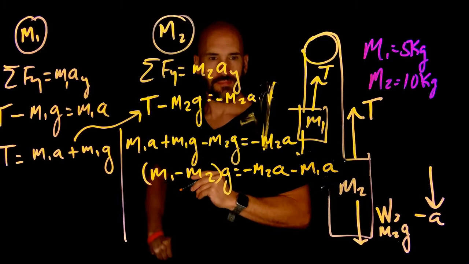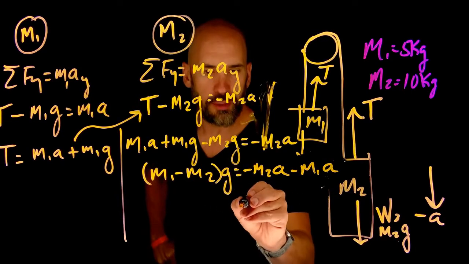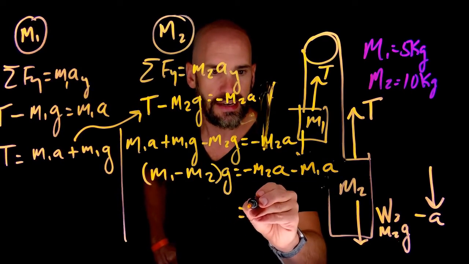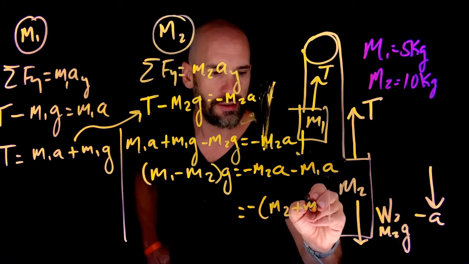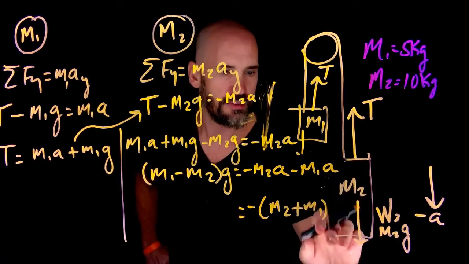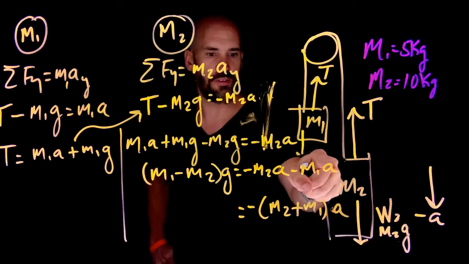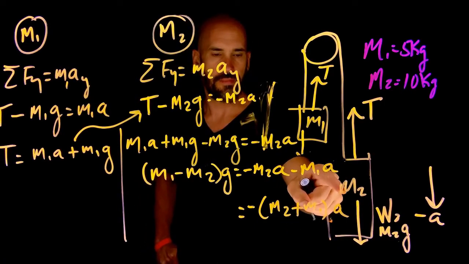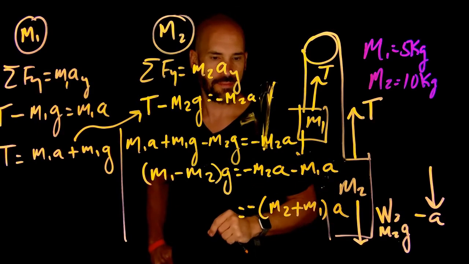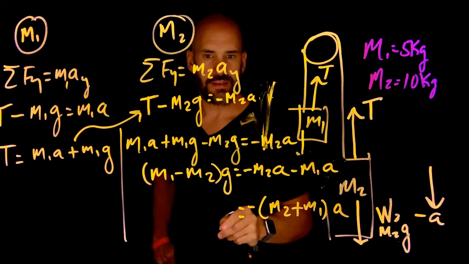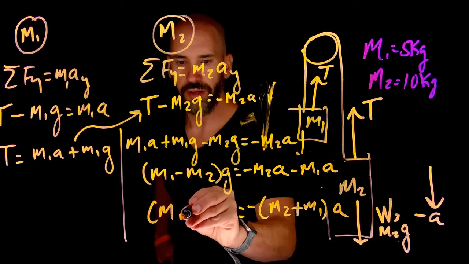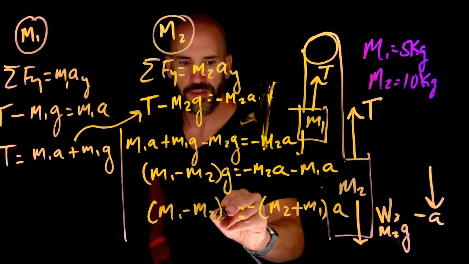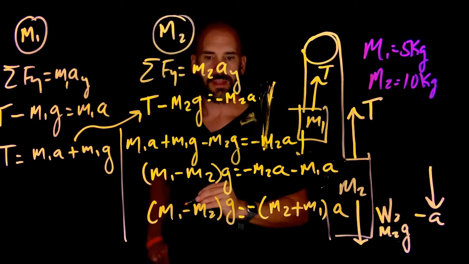Now I can pull that A out, so I'll get negative M2 plus M1 times my A. All I've done is pulled out a minus sign and an A. And I will have on this side M1 minus M2 times G.